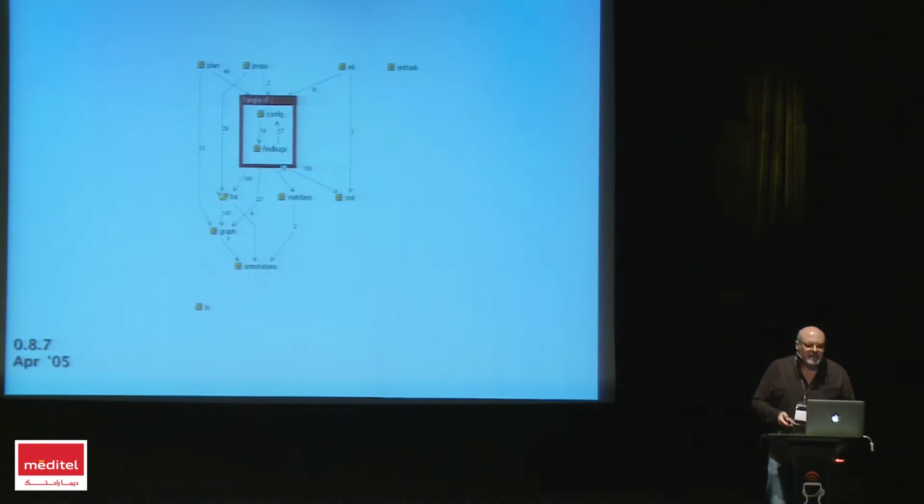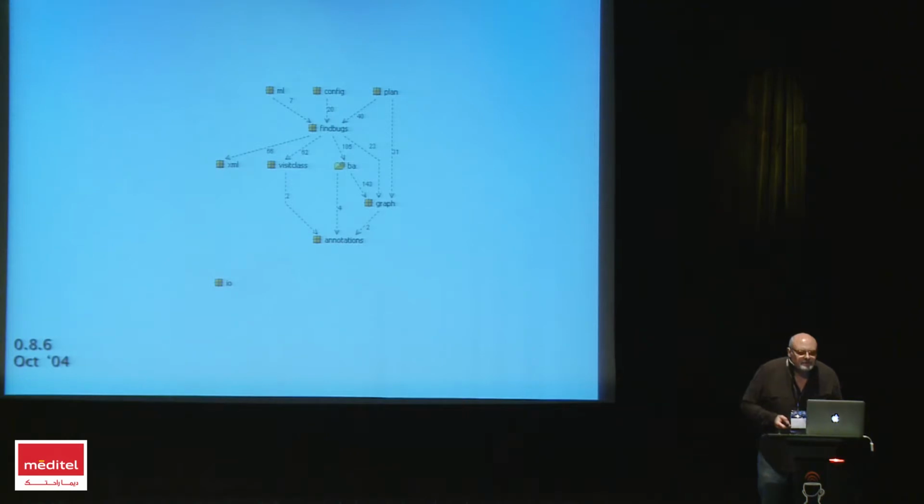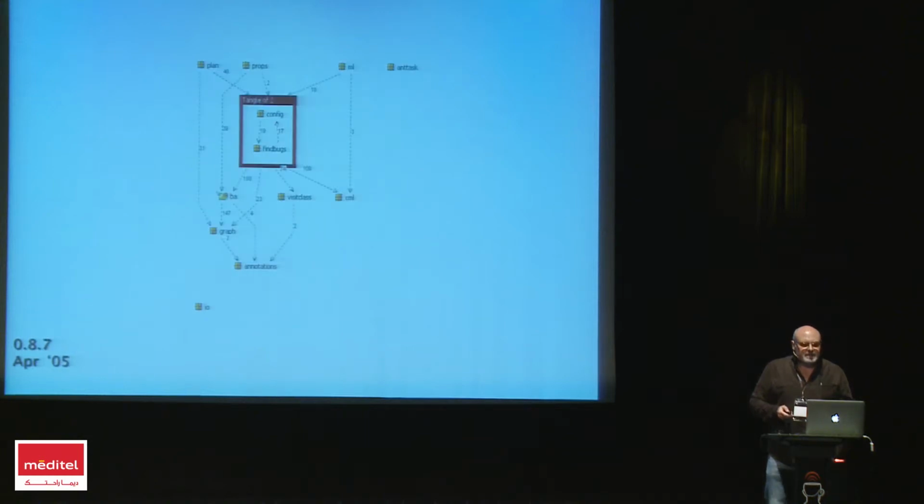Now, at some point, FindBugs and config, is there a config here? There's a config here which is nicely dependent on FindBugs. At this step here, config and FindBugs became somehow or other completely intertwined. The weightings here are the number of code references between these two packages, and you see it's kind of balanced.